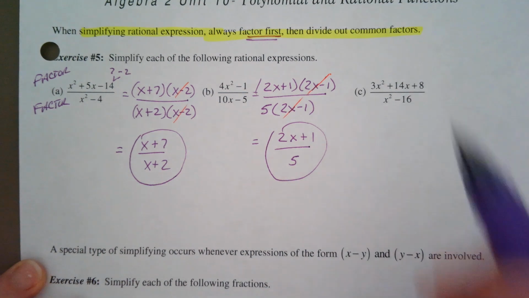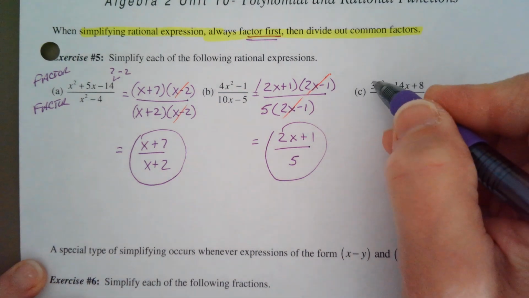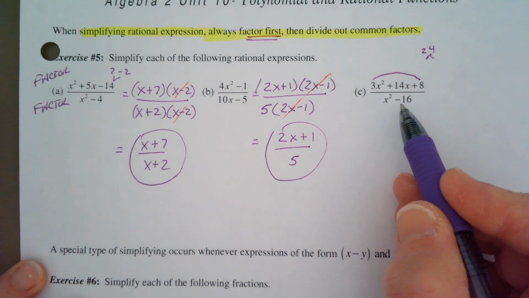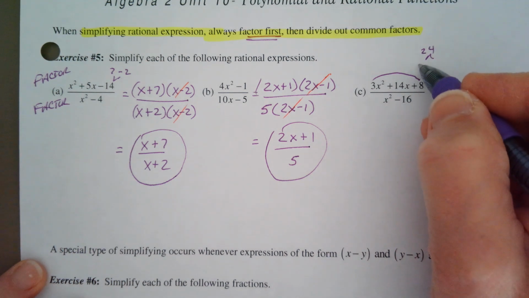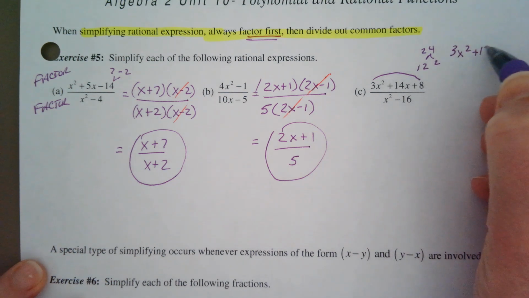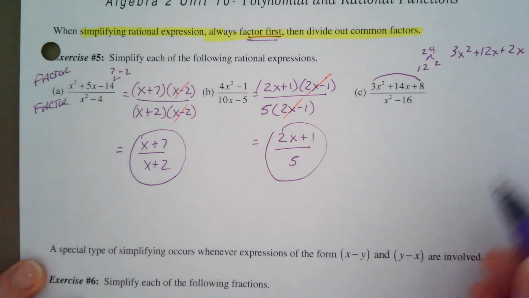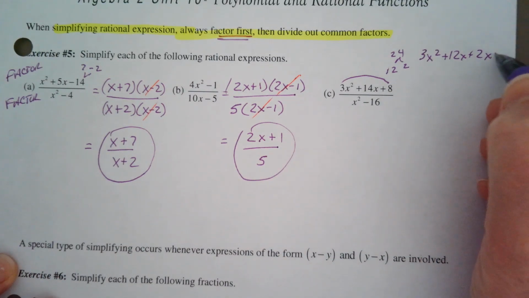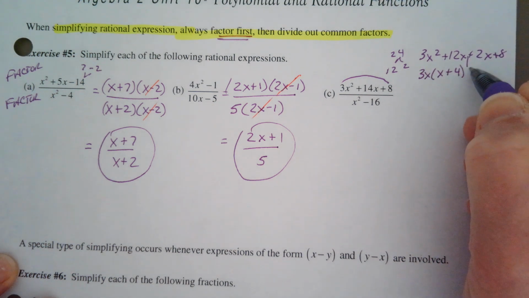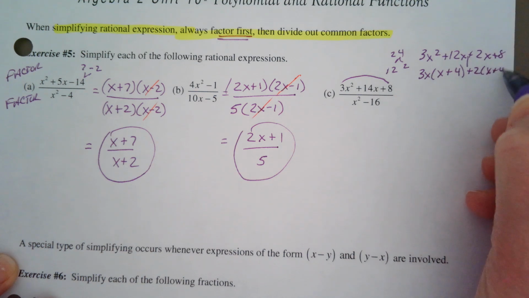C, the trinomial in the numerator, we'd have to do the rainbow, that's 24. Factors of 24 that sum to 14 are 12 and 2. So we have 3x squared plus 12x plus 2x plus 8. And splitting, 3x comes out as a GCF, x plus 4 in parentheses, and 2 times x plus 4.